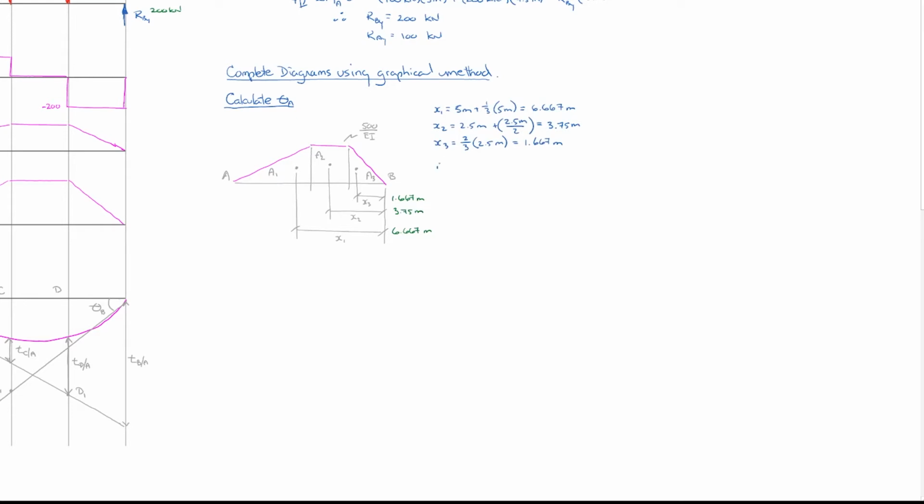So we'll start here. Area 1 is equal to 1/2 of the height, which is 500 kilonewton meters divided by EI, times 5 meters, and gets us to 1250. That would be kilonewton meter squared divided by EI.